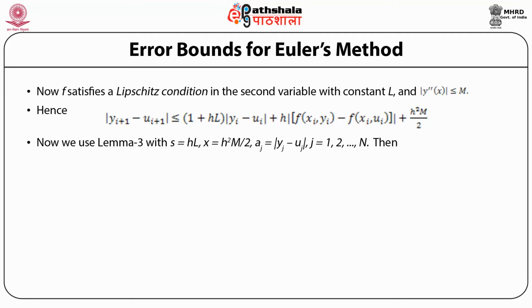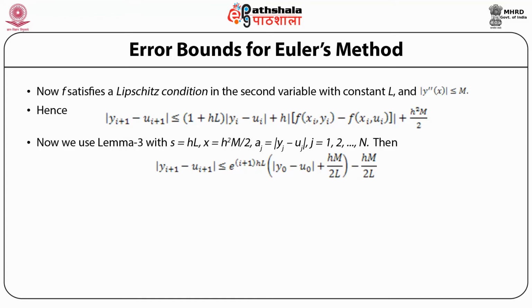Now we use lemma 3 with s equal to hL, k equal to h square M by 2, a_j equal to mod of v_j minus u_j, where j varies from 1 to n. Then mod of y_{i+1} minus u_{i+1} is less than or equal to e to the power (i+1) hL into [mod of y_0 minus u_0 plus h M by 2L] minus h M by 2L.